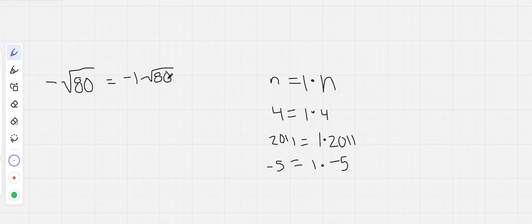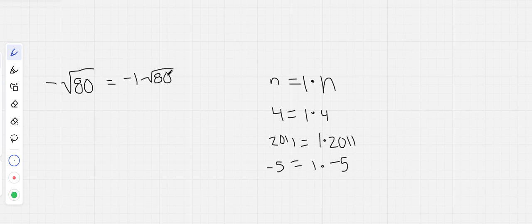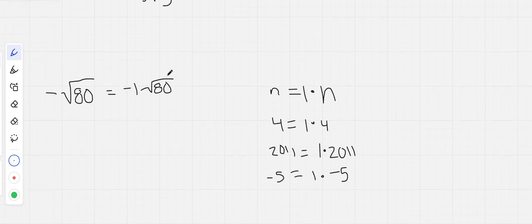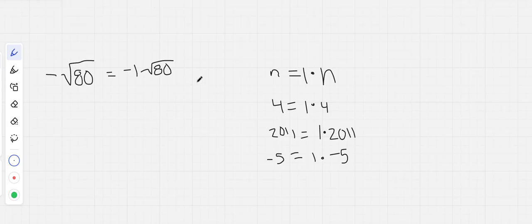The square root of 80, we're going to use the same principles, factoring out perfect squares. So 4 is a perfect square factor of 80. Let's see, 4 goes into 80 how many times?